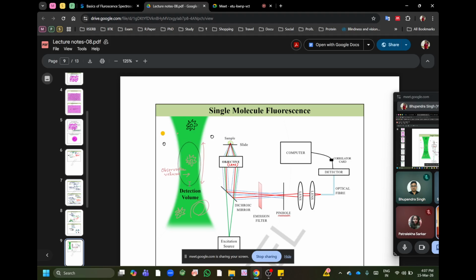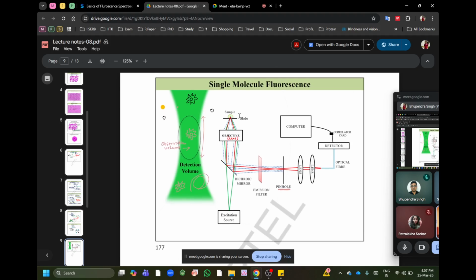But you make the instrument in such a way that it focuses only on this part. So only one molecule is coming and going, and you are measuring the dynamics of that protein. This is the setup of single molecule fluorescence spectroscopy. And with TIRF, total internal reflection method, you can also measure single molecule fluorescence.